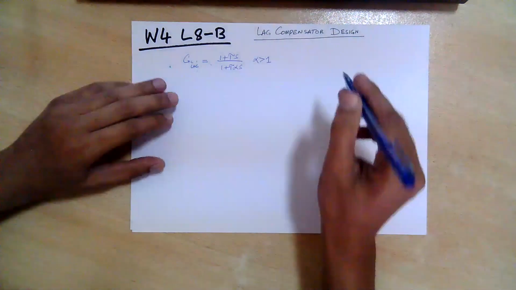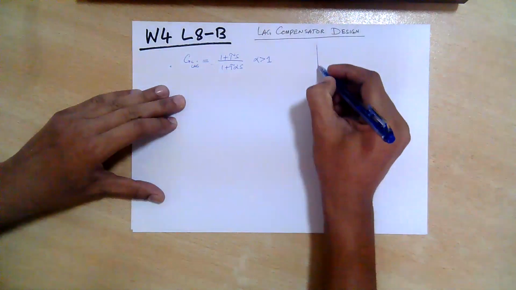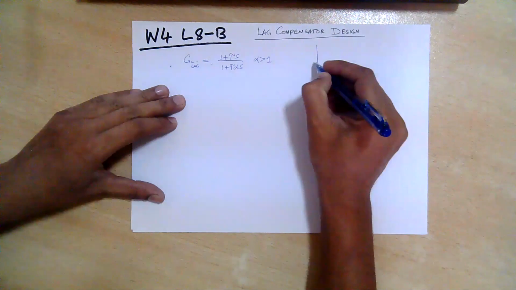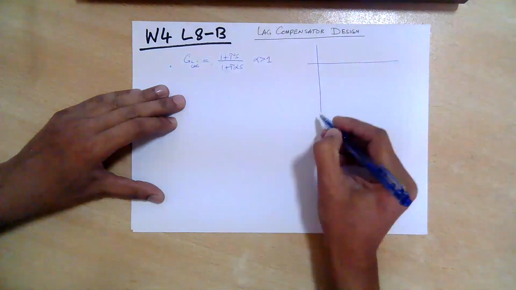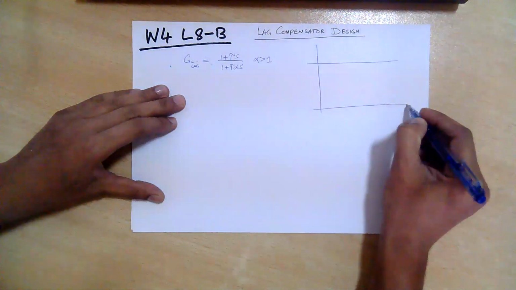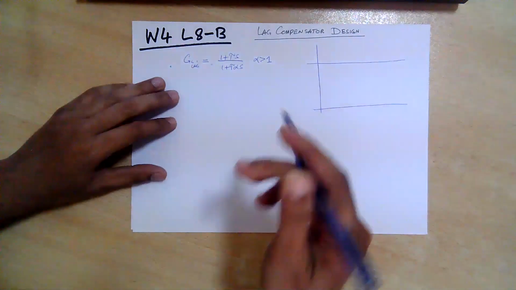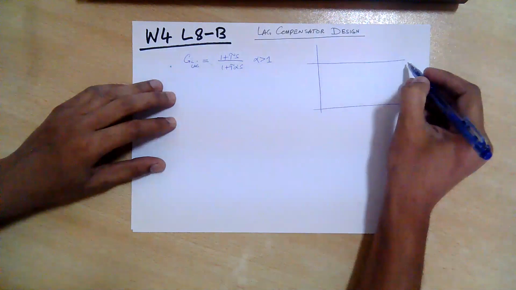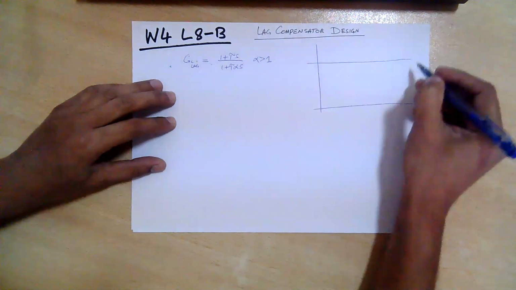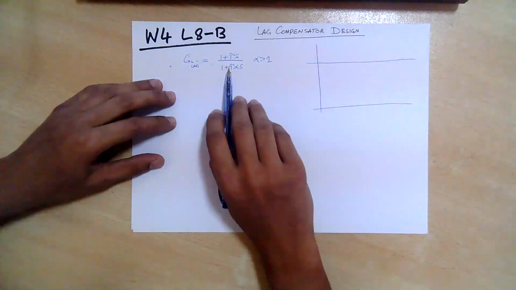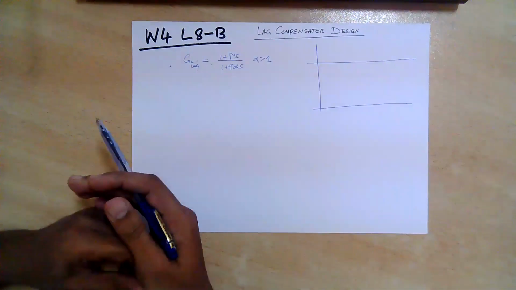The Bode plot for the compensator is a magnitude plot and a phase plot, and the pole will be at a lower frequency compared to the zero.